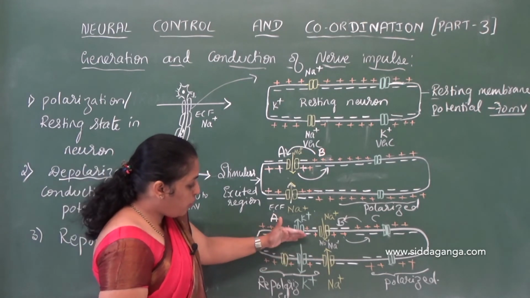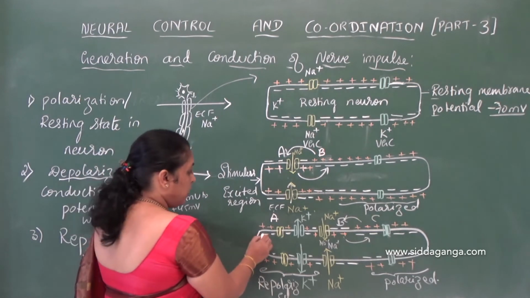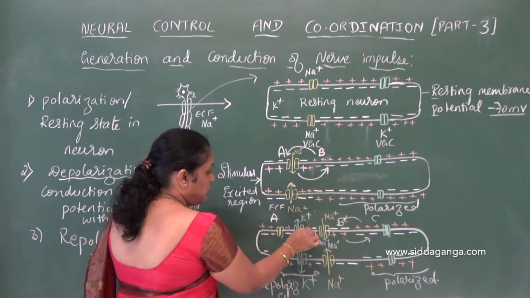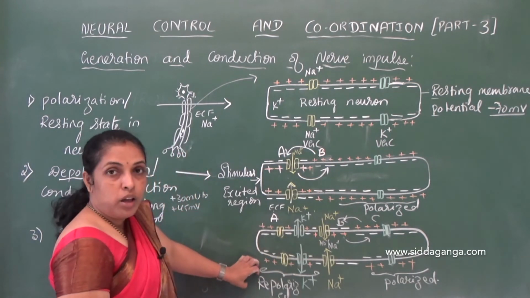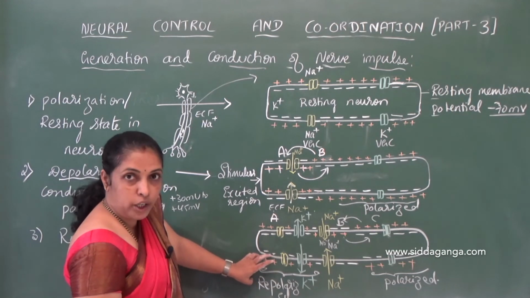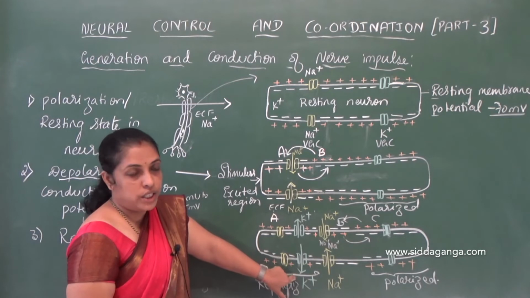As positive ions move out of the axoplasm, that helps to maintain inner negative charge, outer positive charge, restoring resting membrane potential back here in the repolarized state by opening of potassium voltage gated channels.